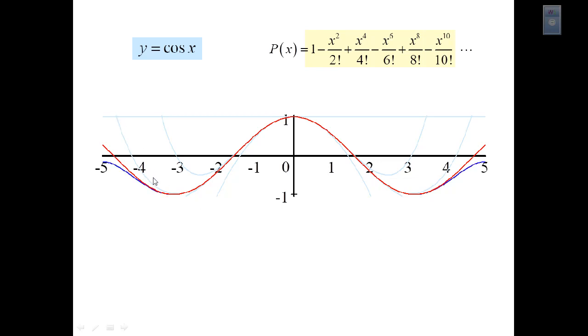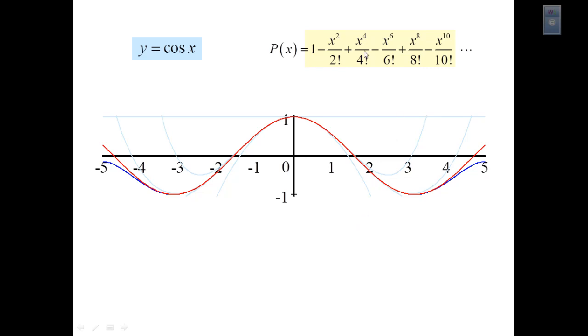And there it is. Oh, hold on, I went too far. There's the x to the 8th. And then the minus x to the 10th is going to go the other way, and there it is right there. And notice that it fits very well, almost all the way out to -4 and to +4.